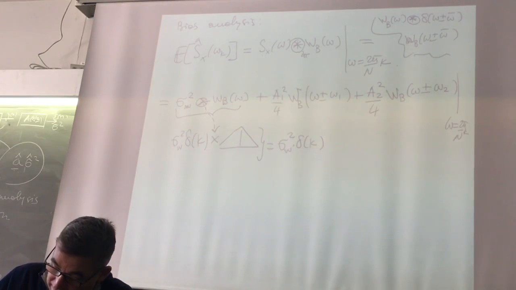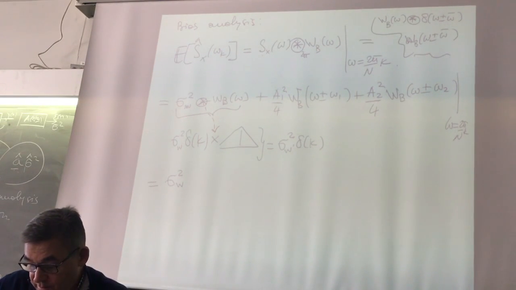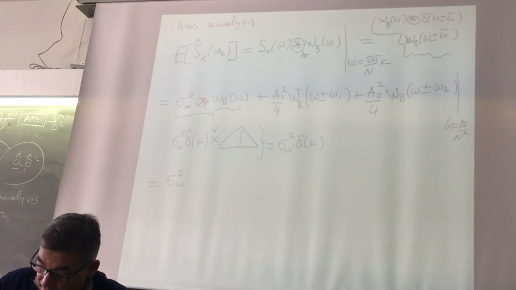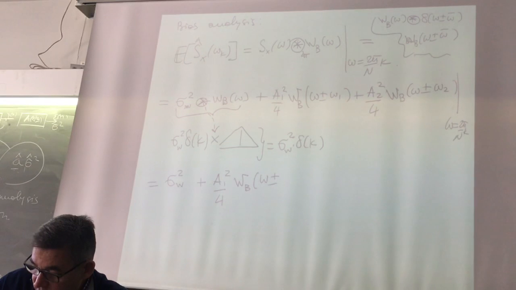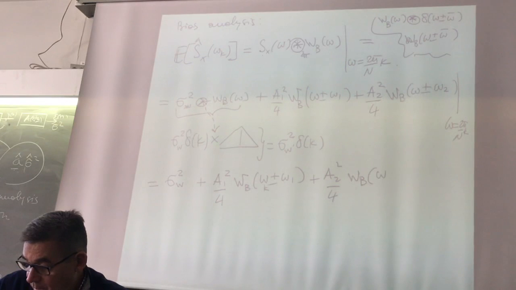So that means that for the white noise, there is no bias. If I go back, this is equal to sigma squared W times delta K in time. Then I have plus A1 squared divided by 4 times W_B, omega plus or minus omega 1, computed in omega k, and plus A2 squared divided by 4 times W_B computed in omega k plus or minus omega 2.